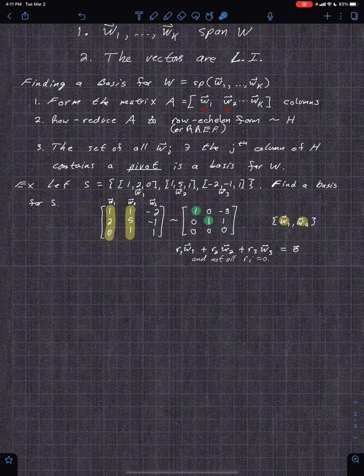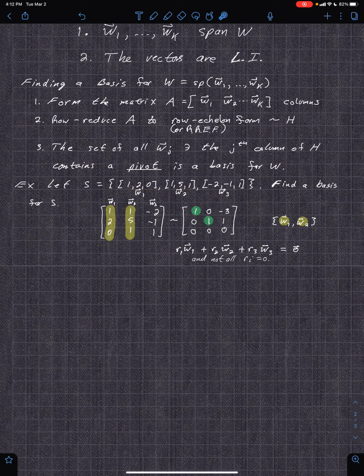You form the matrix where W1 through W sub K are columns of A. You row reduce. Then the set of all column vectors that contain pivots is a basis. If a column zeroes out, you're not going to include it. Here's an example. You form your vectors W1, 2, and 3, form your matrix, and then row reduce.